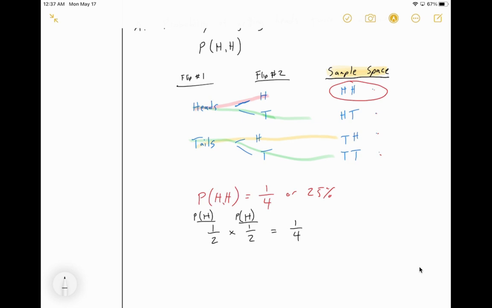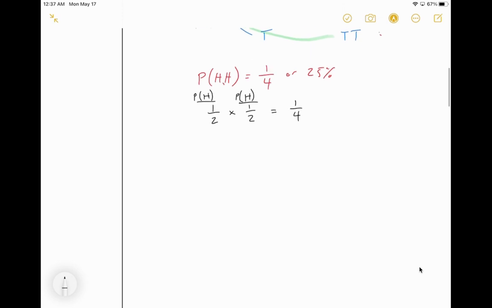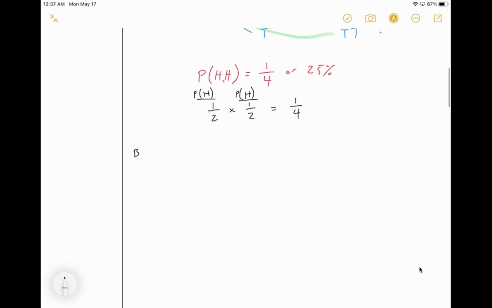Let's look at another example. What's the probability? Okay, let's say I'm going to flip a coin and roll a number cube. What is the probability that I will get a tails and the number 4?